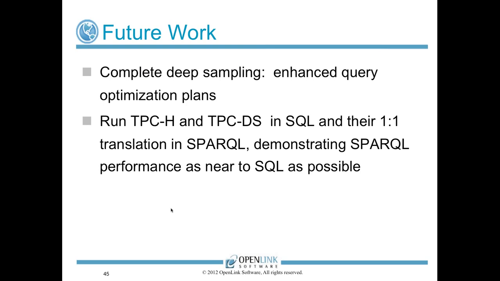Okay, so we're coming to our future work. There are some further gains to be had in the domain of query optimization. So, no more bad plans. Of course, a bad query plan is the number one cause of any complaints that have to do with performance.